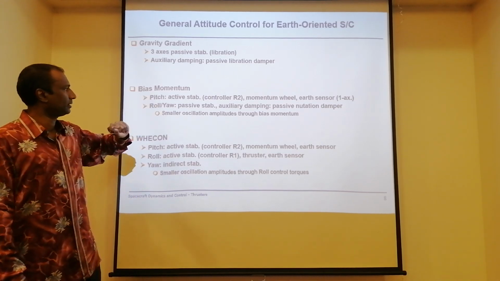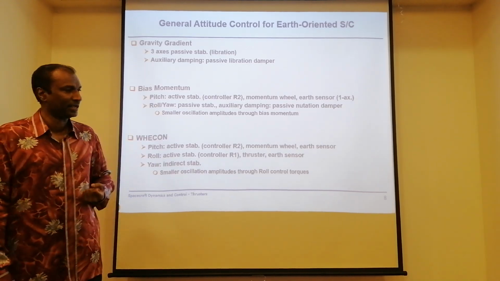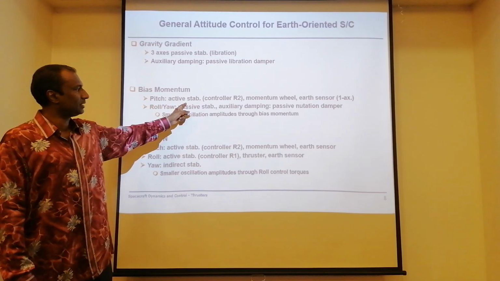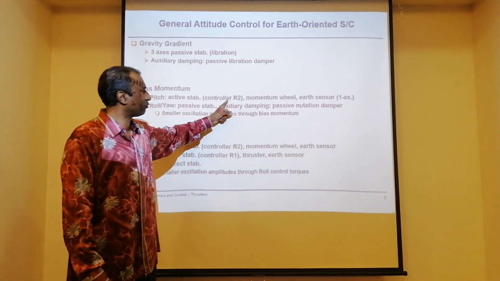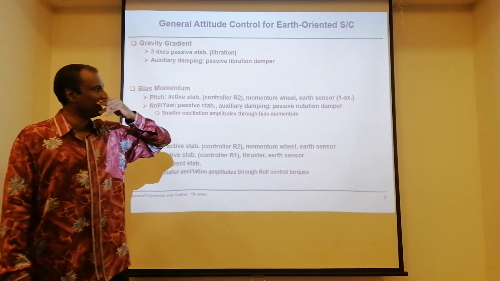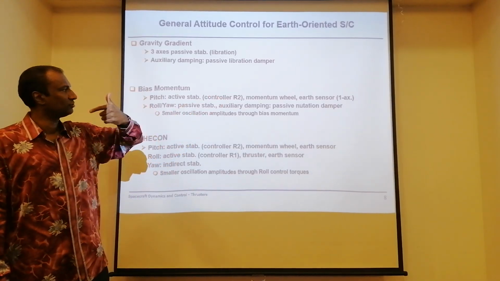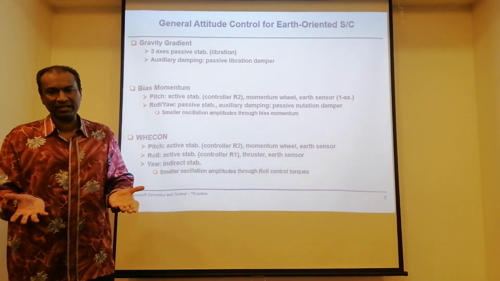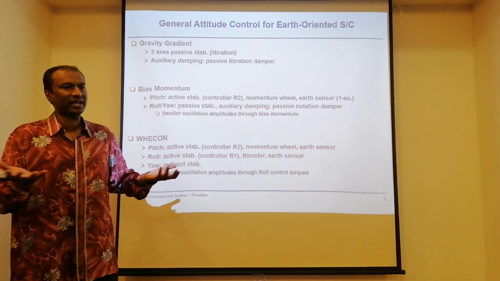After that, I use a bias momentum. Why? Because I embark my reaction wheel, momentum wheel actually. So pitch is active stabilization. I have a controller, R2. I can have a momentum wheel basically, and I have an earth sensor. One earth sensor is good enough. This controller controls basically the reaction wheel. R2 controller, reaction wheel controller.